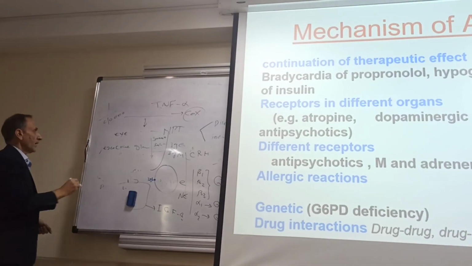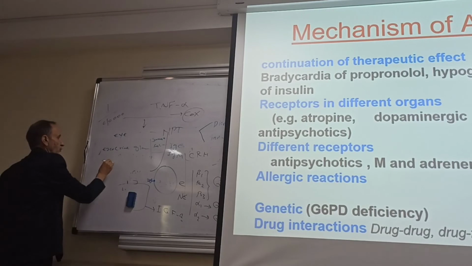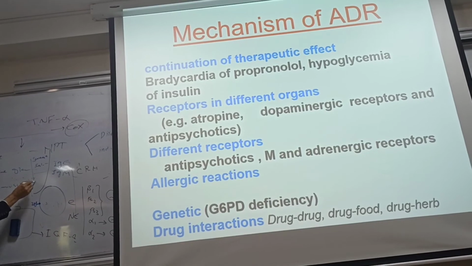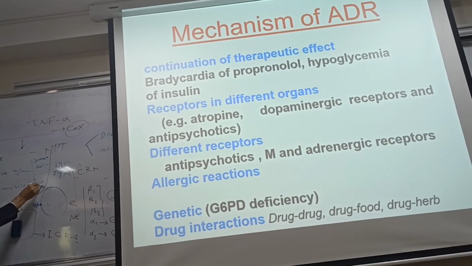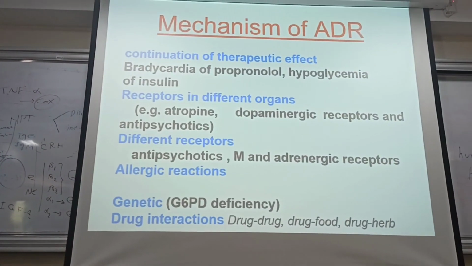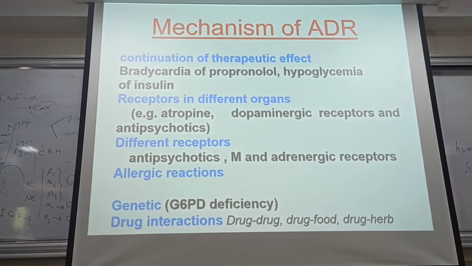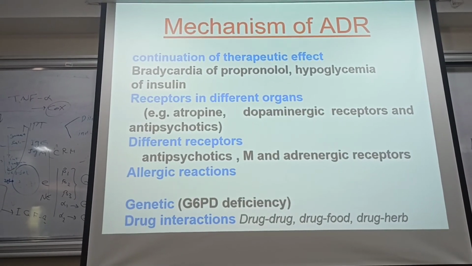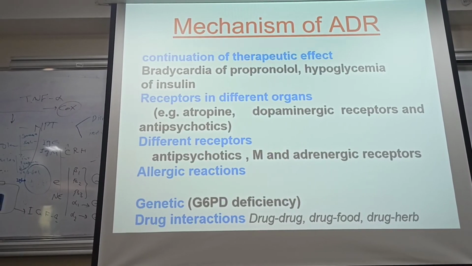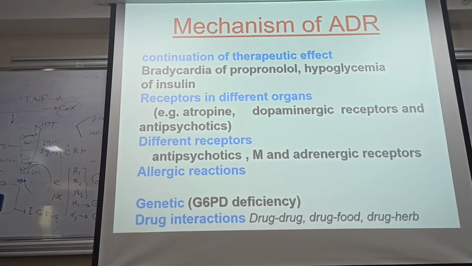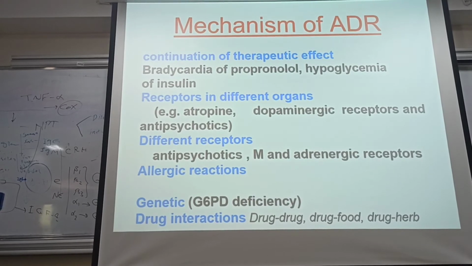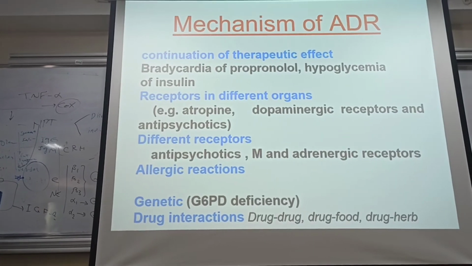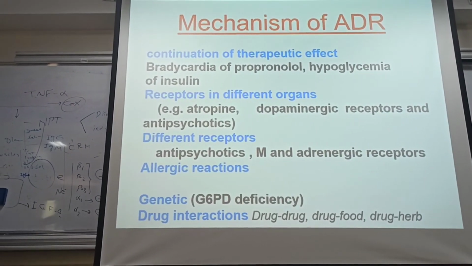Okay? We have muscarinic receptors on smooth muscles in intestine, stomach, in bladder, vessels, in respiratory tract. We have receptors in the heart, receptors in CNS. So, we have a wide distribution of muscarinic receptors in the body.